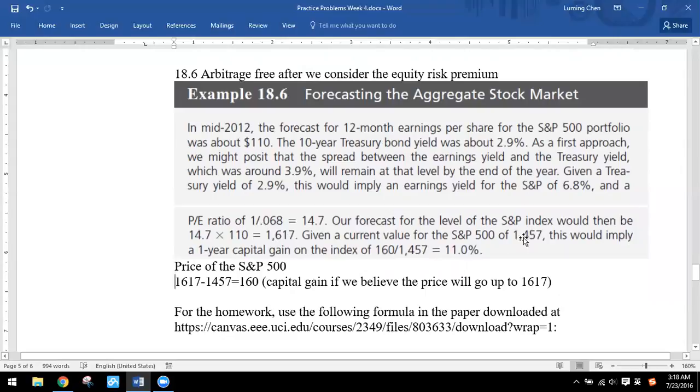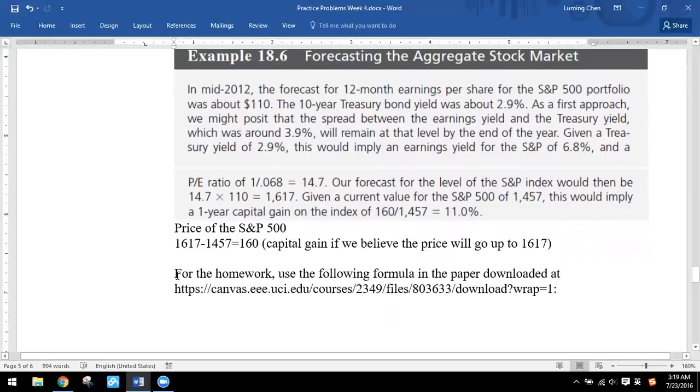And this is the current price. So if we buy and hold the S&P 500 index, a 1-year capital gain should be 1617 minus 1457, which is 160. This is the capital gain if we believe the price will go up to 1617. So the rate of return is 160 over the current price.